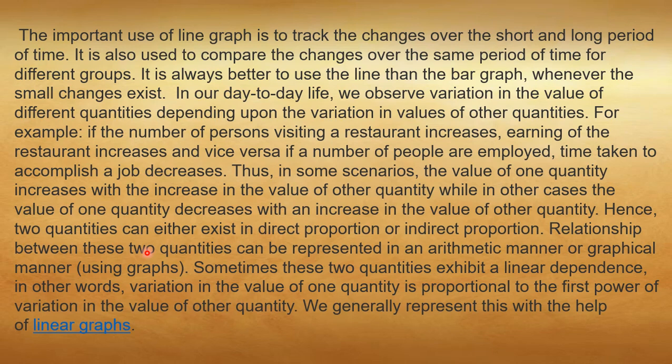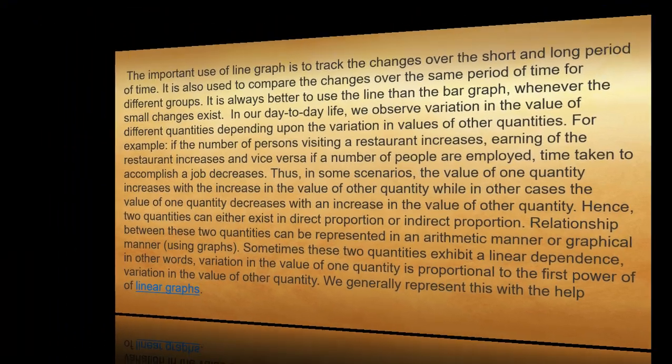In other words, we can say the variation in the values of one quantity is proportional to the other quantity. This variation is generally represented by the linear graph that shows the direct proportion for the two quantities. So, here it's a linear graph.